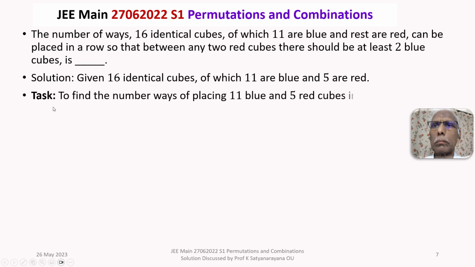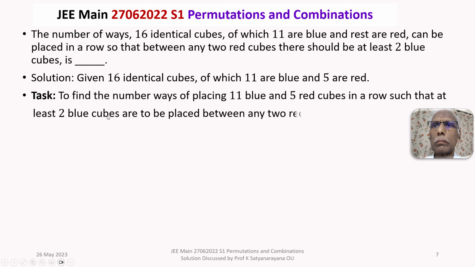Our task is to find the number of ways of placing 11 blue and 5 red cubes in a row such that at least two blue cubes are placed between any two red cubes.